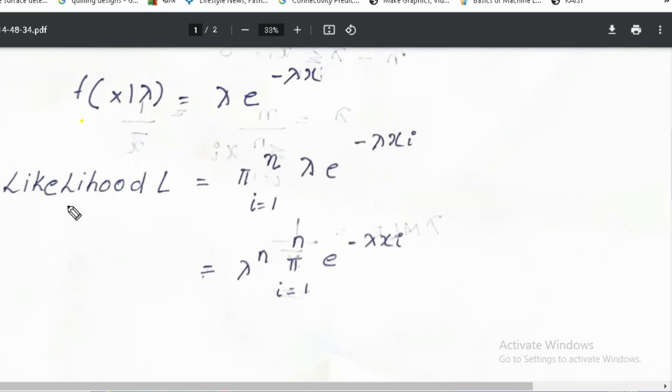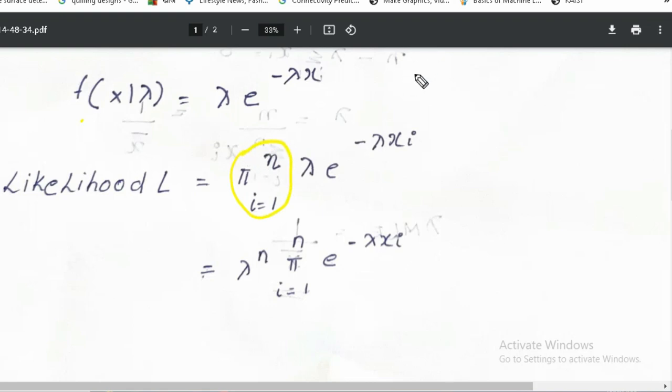Now what is the first step in MLE? The first step to find the maximum likelihood estimation is to find the likelihood, which is represented as L. This can be written as the product, pi from i equals 1 to n, of lambda e raised to minus lambda x of i, where pi shows the multiplication.